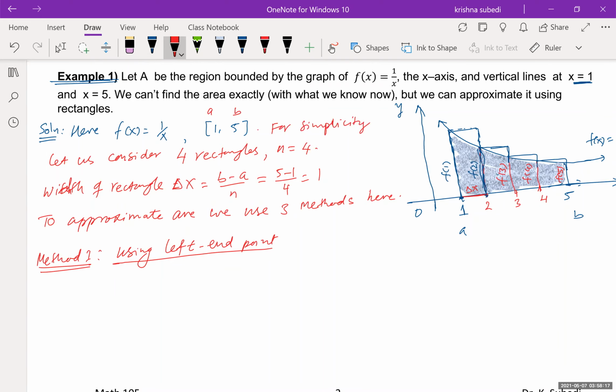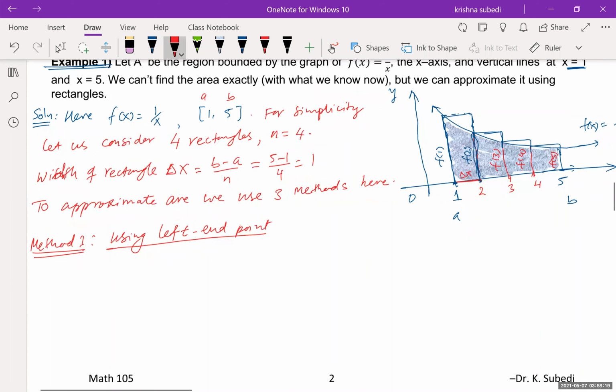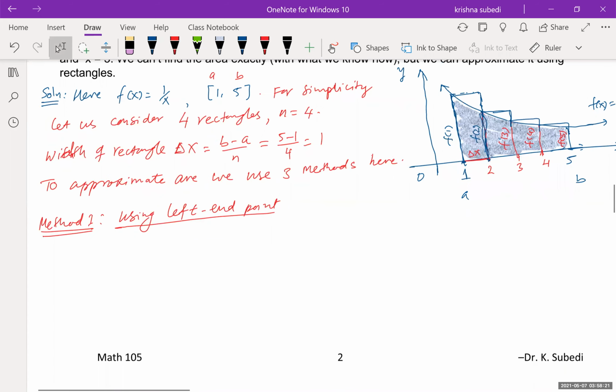Okay, so basically what we need is the area, which is approximately the sum of the areas of the 4 rectangles, right? That will be the approximate area. We know that this is not exact, but approximate, that's what we are trying to find.